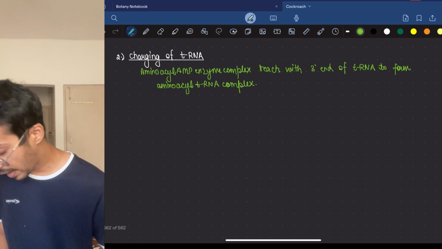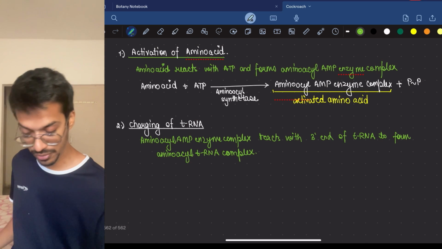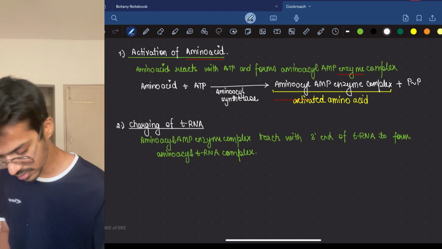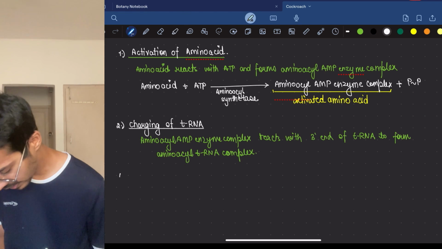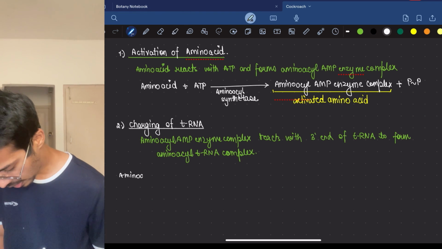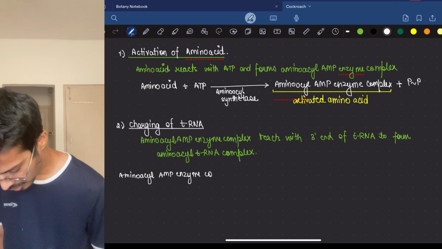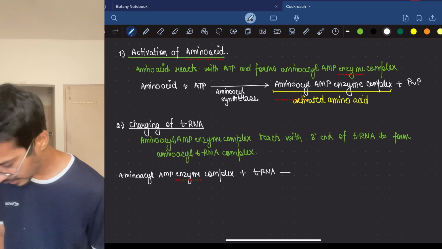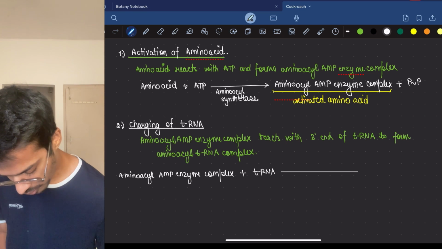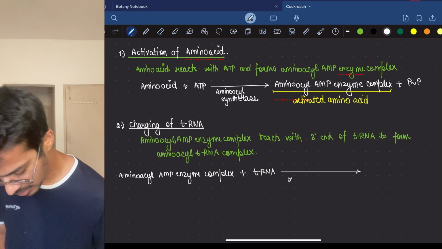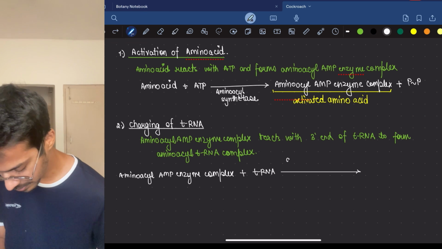Okay, so if we have to write it in the equation form, we can write it: aminoacyl AMP enzyme complex reacts with tRNA in the presence of an enzyme. Now the enzyme name is important. What is the name of the enzyme?